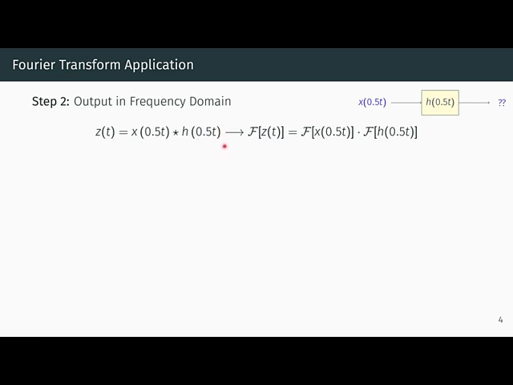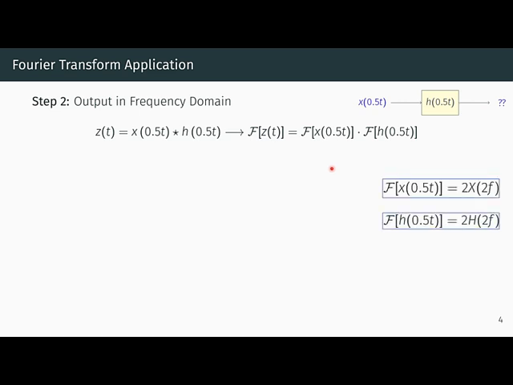If you go into the frequency domain, we have to take the Fourier transform, and hence the Fourier transform of the output z(t) would be equal to the Fourier transform of x(0.5t) multiplied with the Fourier transform of h(0.5t). Why? Because convolution in the time domain corresponds to multiplication in the frequency domain.